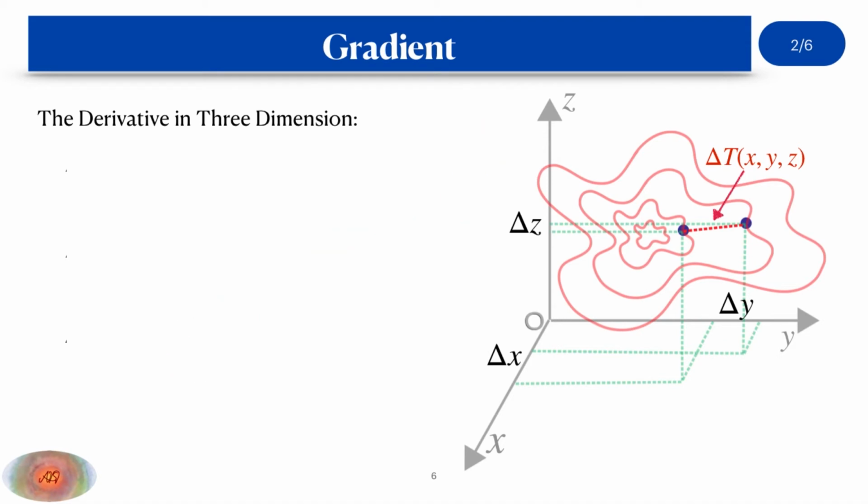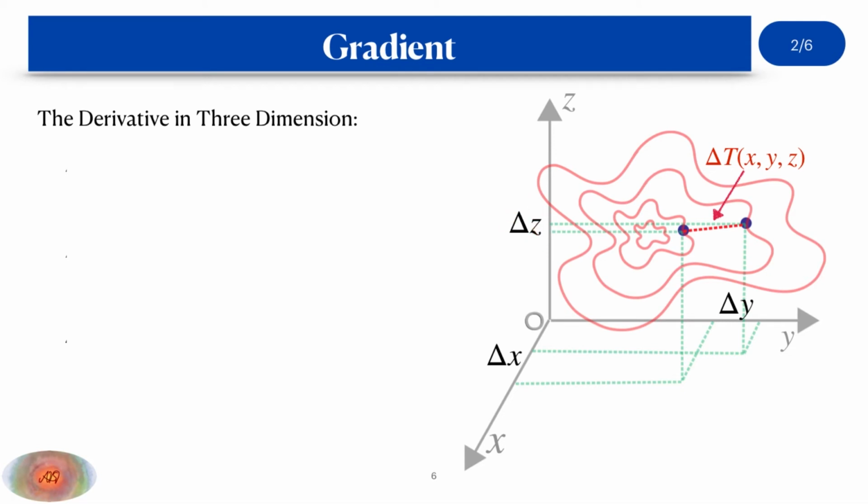Therefore, when you move from the first position to the second position, because of the incremental change in the distance of the independent variables, since you are moving in all the 3-dimensional space, that means along the x direction, y direction, as well as z direction, there is an incremental change along x, which is delta x, along y, delta y, and along z, delta z.